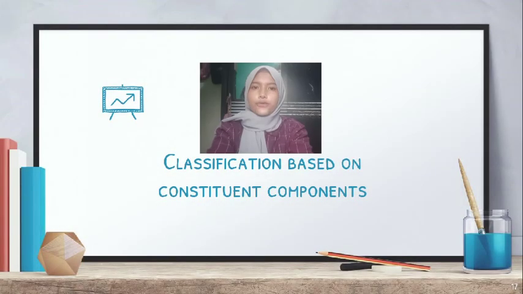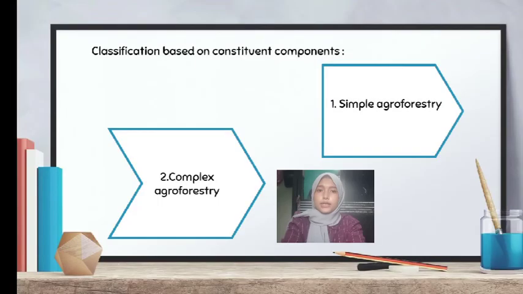And the last, classification based on constituent components. The first is simple agroforestry, an AF pattern consisting of one type of forest plant and annual plant. For example, teak with corn, coconut with peanuts, sengon with coffee, eucalyptus with peanut. The second is complex agroforestry.